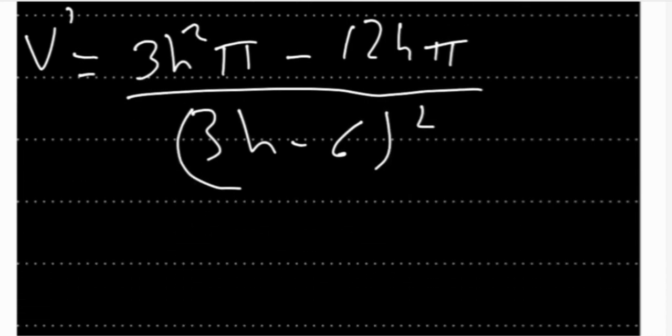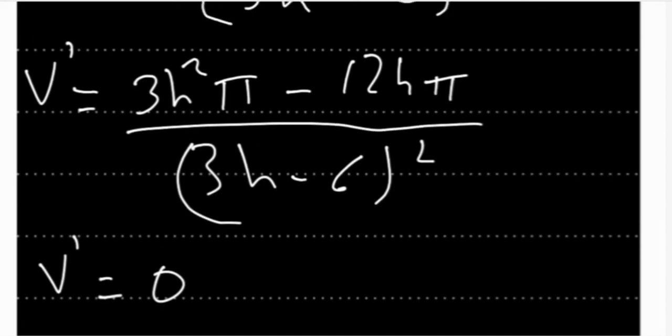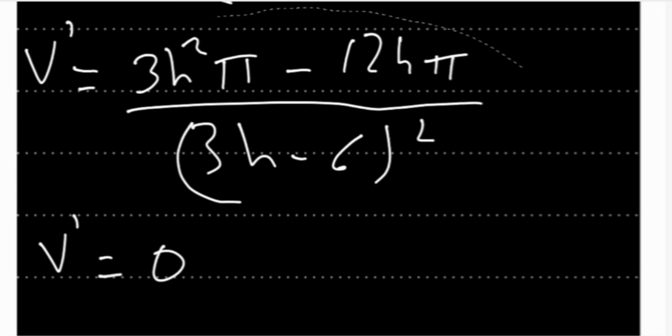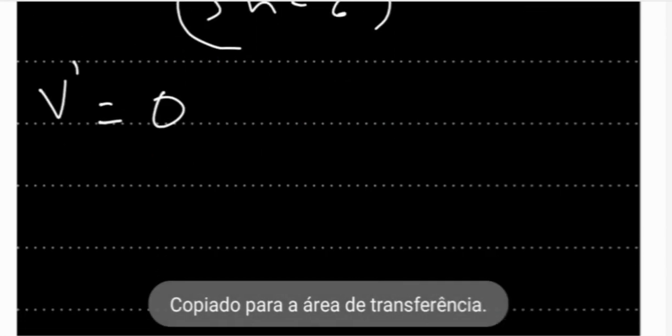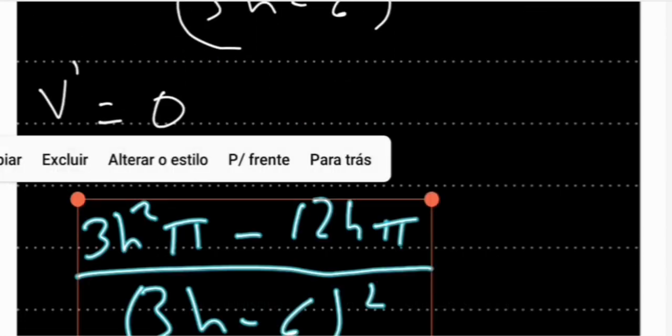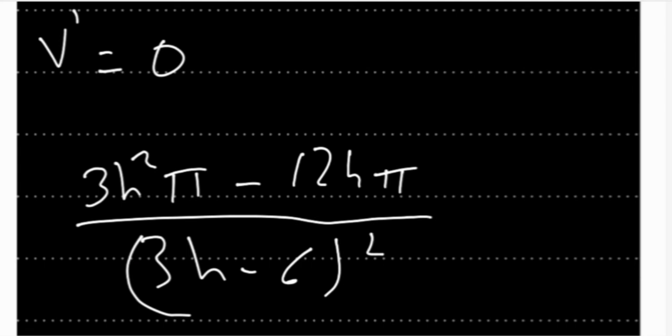So now we are going to say that V' is equal to 0 because we want maximums and minimums, okay? So if this equals 0, okay?